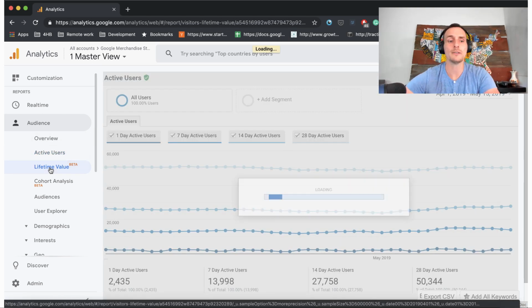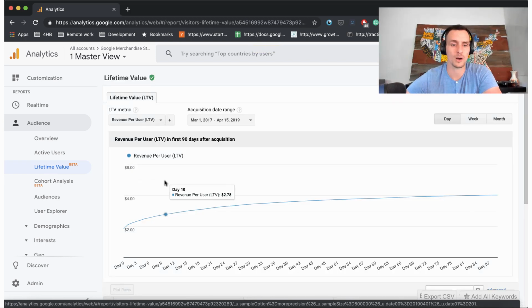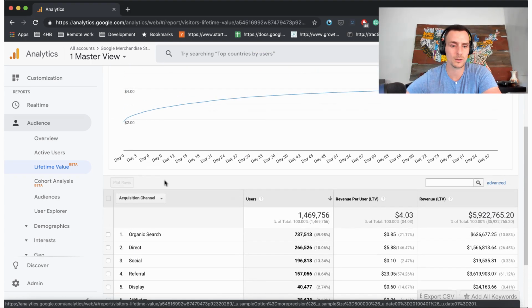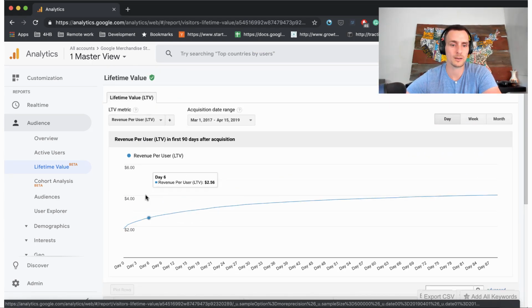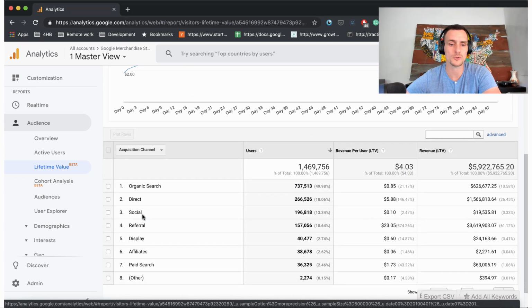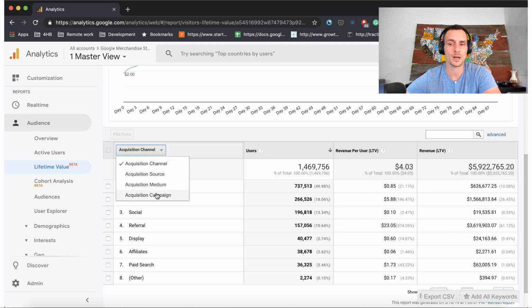Lifetime value is a really cool one that I was playing with. So this gives you an idea of how valuable those users are on your site, based on certain dimensions. So we have the channel, source, medium.